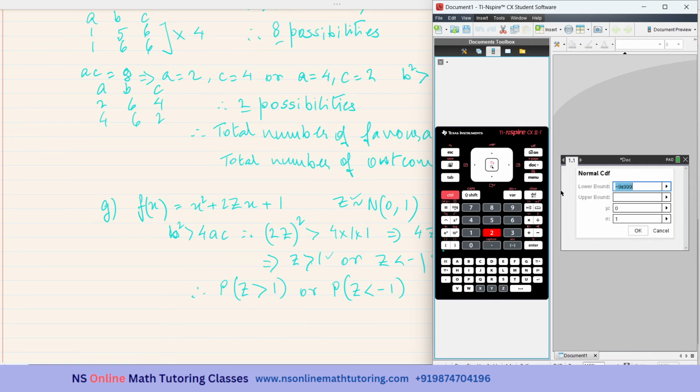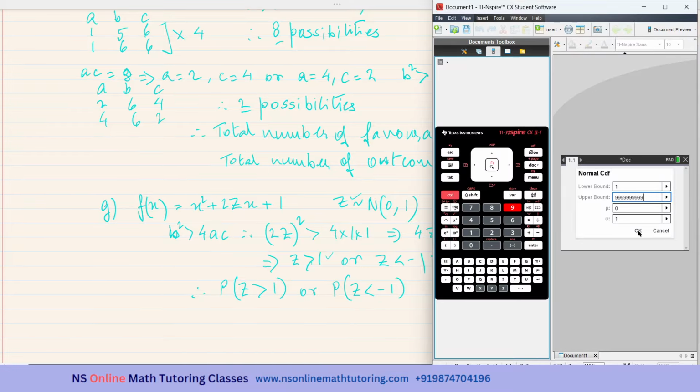For P of Z greater than 1, the lower bound is 1, since the other values of Z will be more than 1. And the upper bound, I can write as 10 nines. And mu is 0 and the standard deviation is 1.